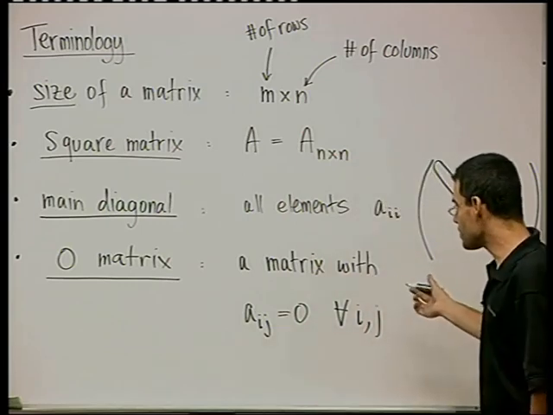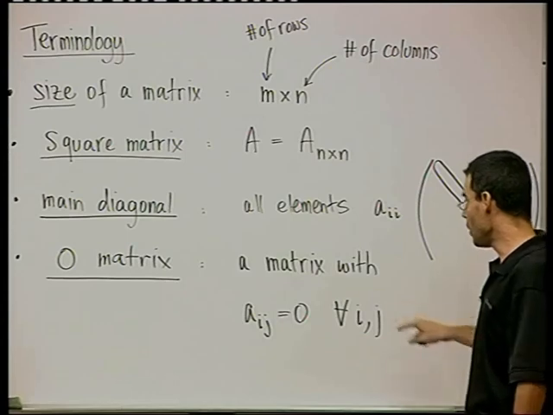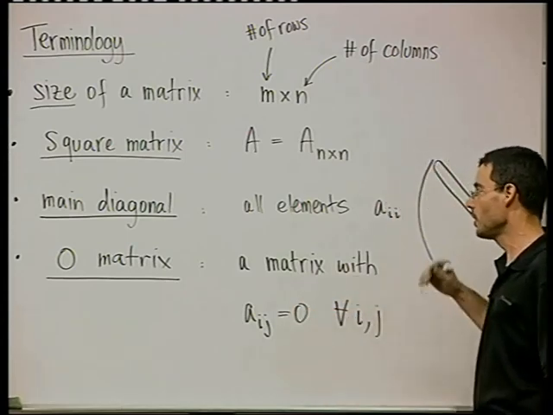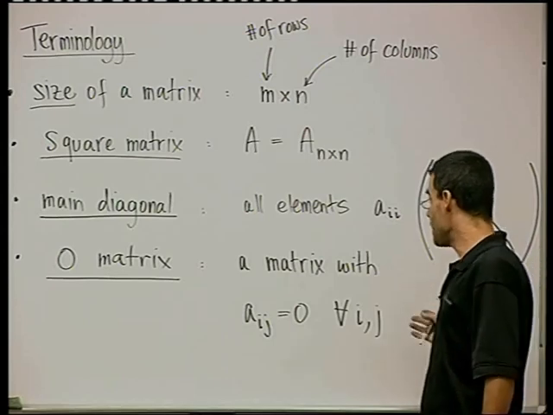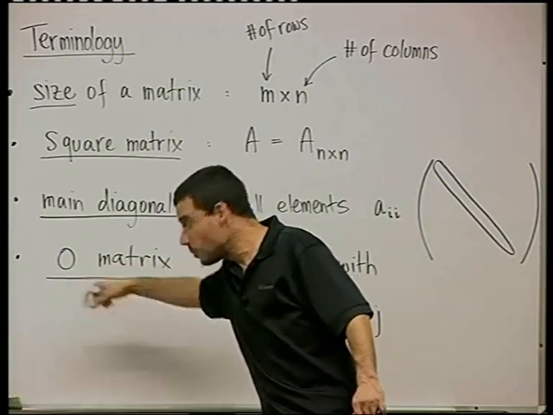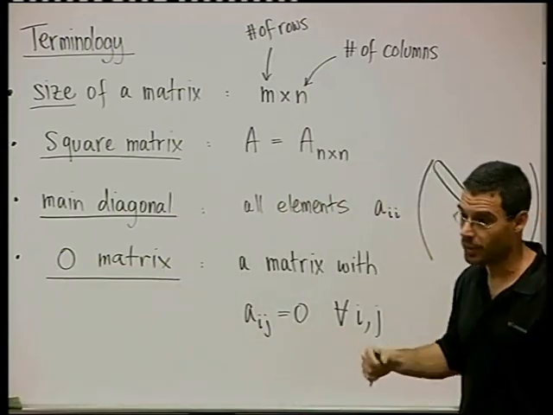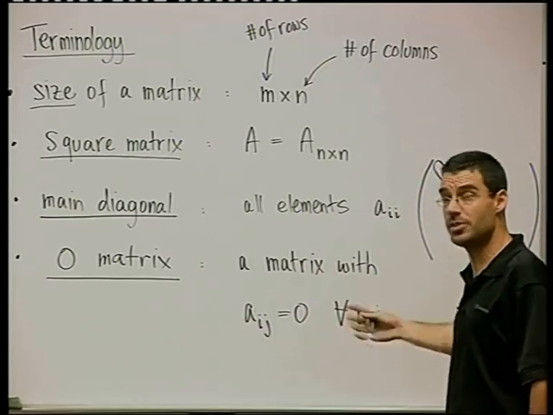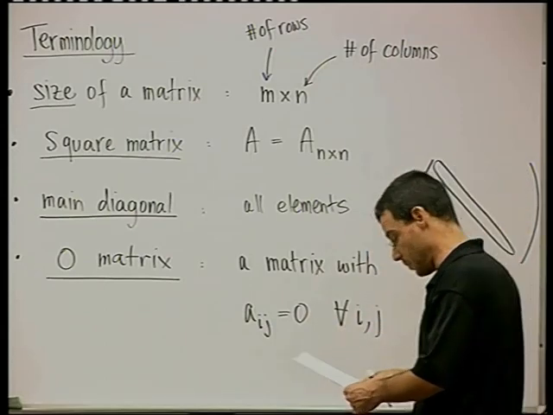So it's a matrix for which all the entries are just zeros. That's called the zero matrix. Naturally, that would be a good name for it, but we'll also see that it plays the role of zero that we're used to. We're going to define addition of matrices, and we're going to see that when you add the zero matrix, it's just like doing nothing. Okay, so that's the zero matrix.